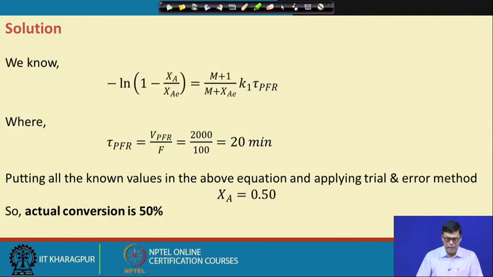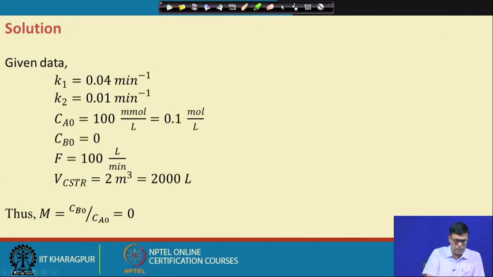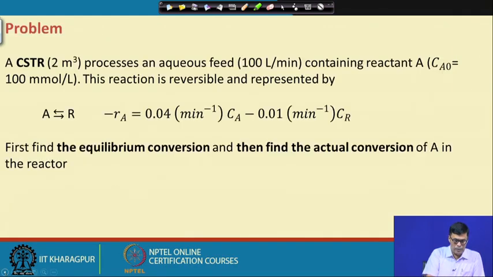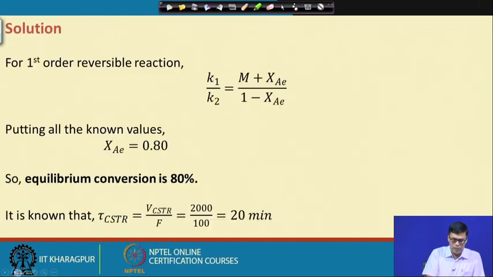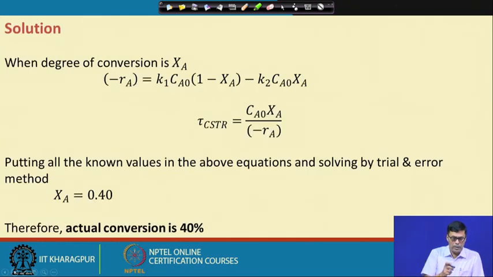Now, the next problem, let me go through what I told you: in the next problem we have to find out the actual conversion of A in the reactor. Let us see how we can do that. This is the rate equation that we have, because I have already done that.